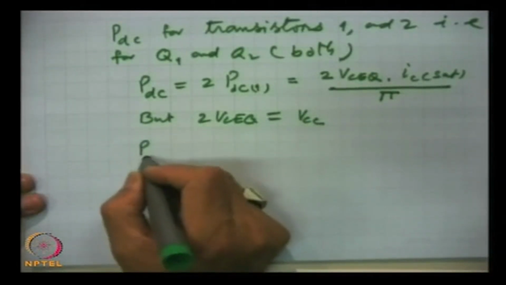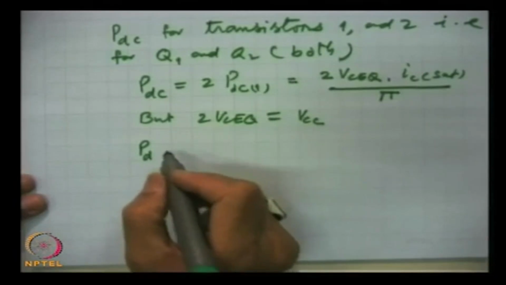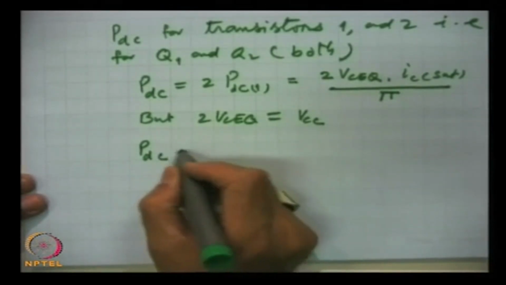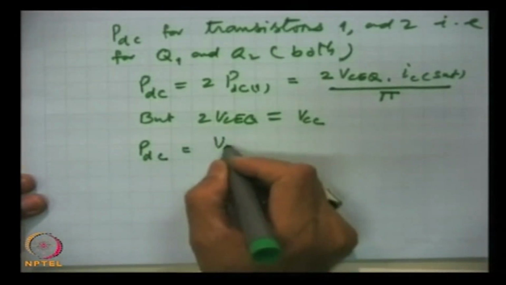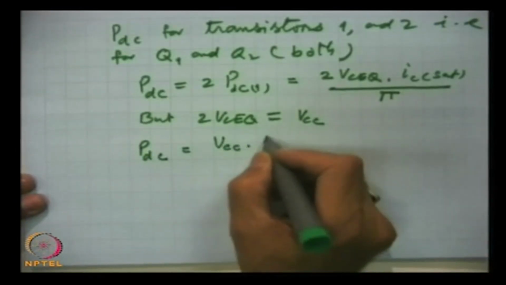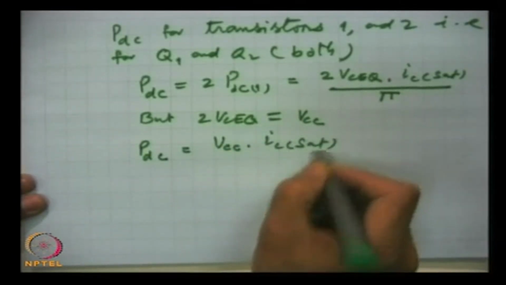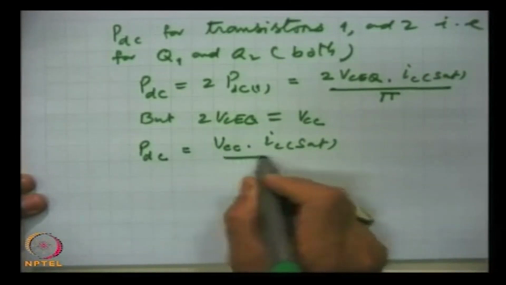Therefore, PDC is equal to VCC IC set by pi.